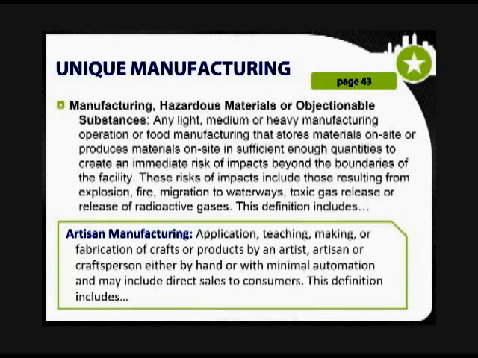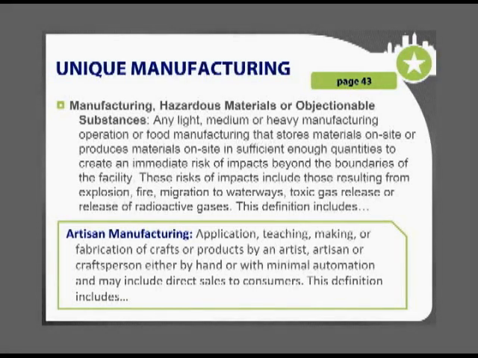Not what do you make, but what do you do? And it's pretty easy to distinguish what's a hazardous material because it's going to be your caustic stuff. If you're dealing with a tank of chlorine gas that comes in on a rail car, that's a caustic thing. So those get pulled out, and those are going to be in the I-4.